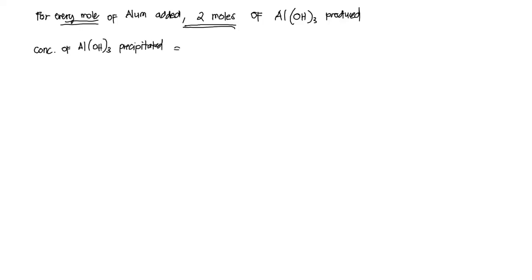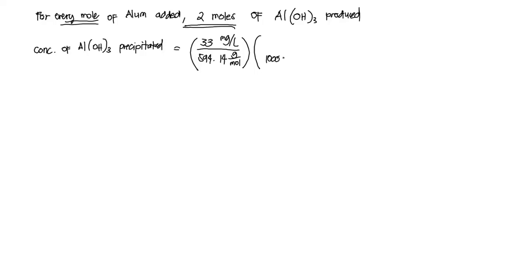It is equal to the alum dose, 33 milligrams per liter, divided by the molecular weight of the aluminum sulfate, 594.14 grams per mole.